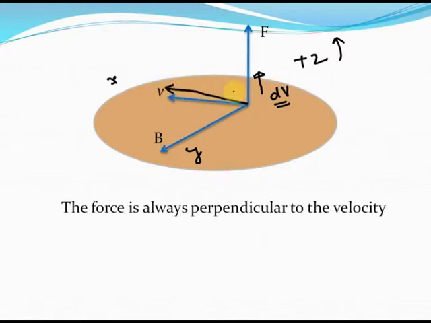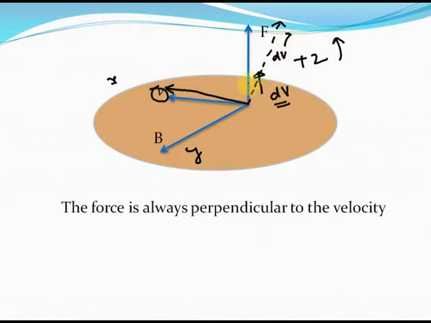Because the net velocity vector will be the vectorial sum of this velocity v and the extra velocity dv imparted by the magnetic force. Therefore, now the velocity changes its direction. Now since the magnetic force is always perpendicular to the velocity, the magnetic force starts acting in this direction. Now again, it will try to increase the velocity by dv in this direction.